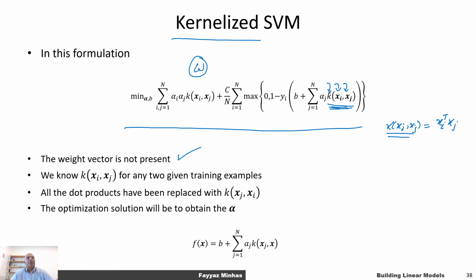And all of the dot products have been replaced with generalized dot products. So we can actually use any dot product function or any kernel function we want. We can use k(xi, xj) equal to (xi transpose xj) squared, or any other function that I've shown you previously, and that is going to allow us to solve linearly non-separable problems as well.